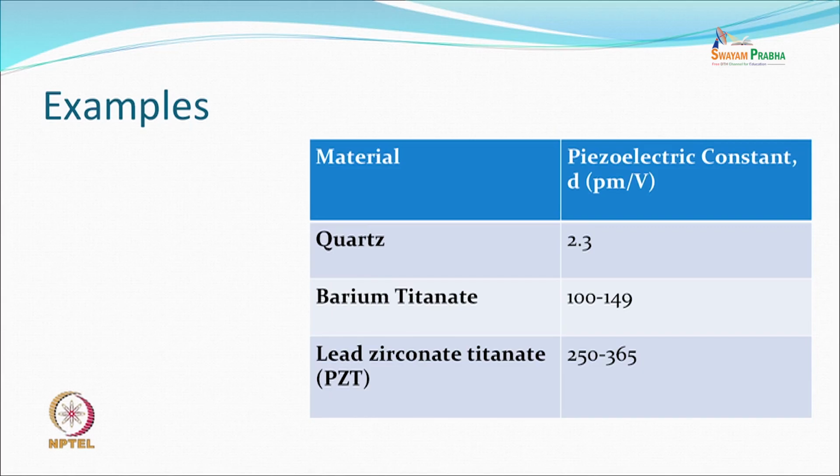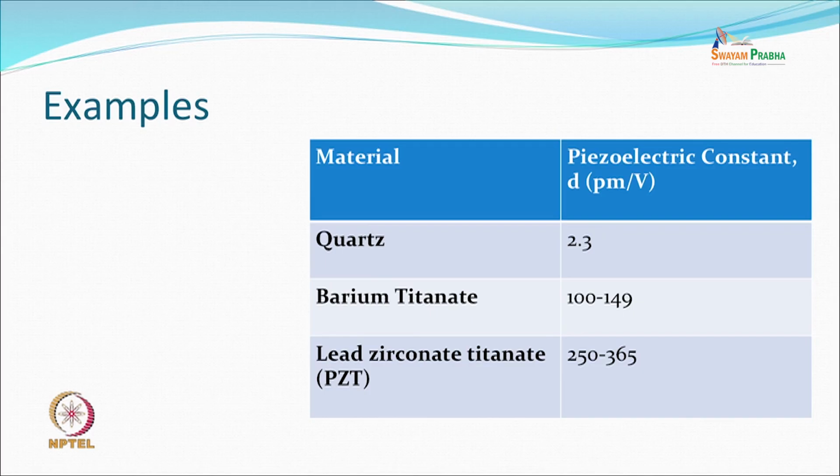You are talking about very small changes, let us say in quartz, picometers, which is a very small change. But in PZT the change is more than in quartz. So different materials would have different piezoelectric constants, and you will use them according to what you desire.